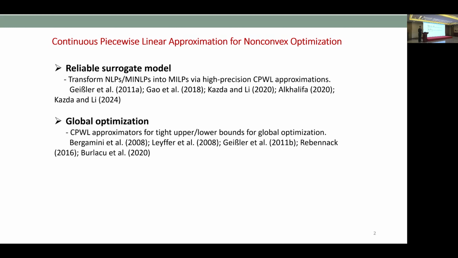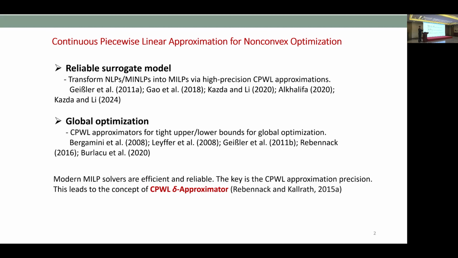So both research directions enjoy the maturity of the modern MILP solvers, and hopefully in the future we will be enjoying the special ordered discrete sets idea to improve the solution. But our focus now is not the solution method, it's more toward how we generate piecewise linear approximation with guaranteed precision.